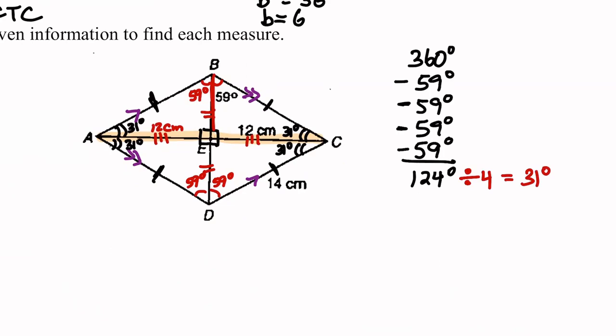Now, I am going to pull out just a single triangle, because we know everything there is to know about this rhombus except for these 2 vertical line segments here. Right? Because I know the rhombus has all 4 sides congruent. So if this one is 14, then this has to be 14, 14, and 14.